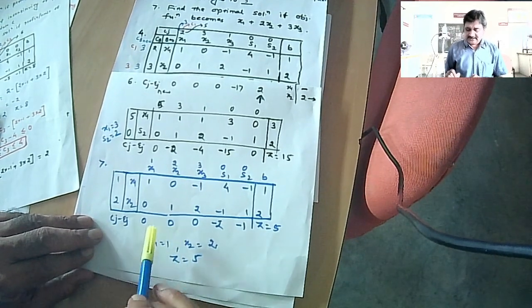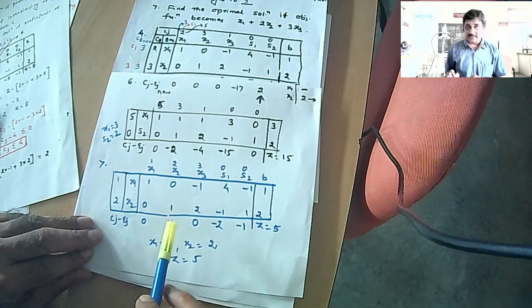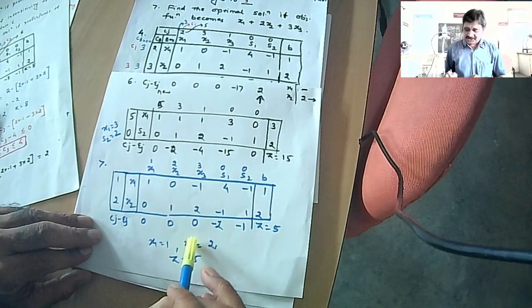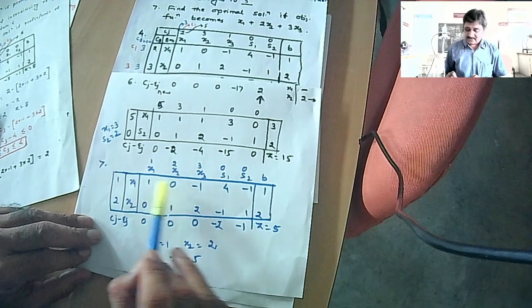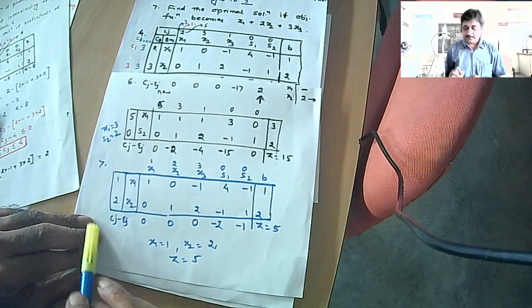Cj minus Ej for a basic variable has to be 0, so you don't waste your time in calculations. For X3, Cj minus Ej comes out to be minus 1 plus 4, 3, 3 minus 3, 0, right?